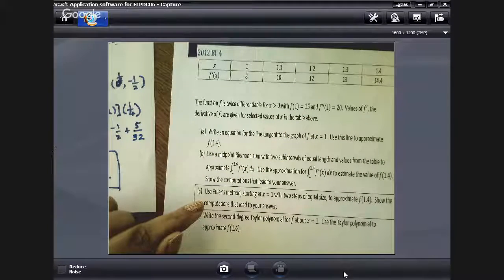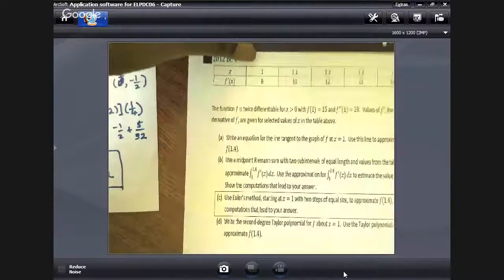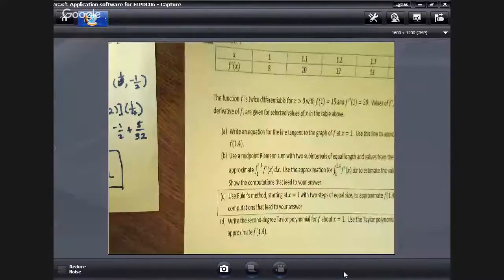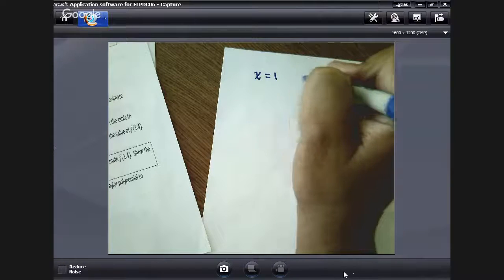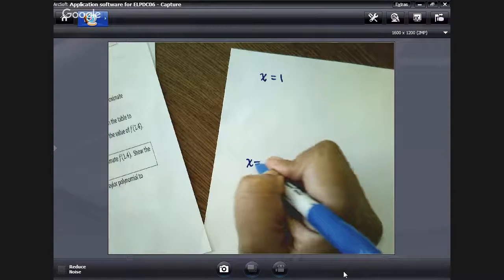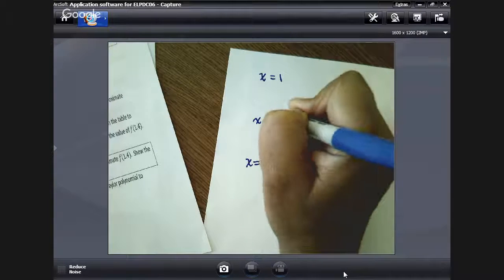And in part C, they want us to use Euler's method starting at x equals 1 with 2 steps of equal size to approximate f of 1.4. So again, if I'm starting at x equals 1 and I'm ending up at x equals 1.4, halfway between them is 1.2.